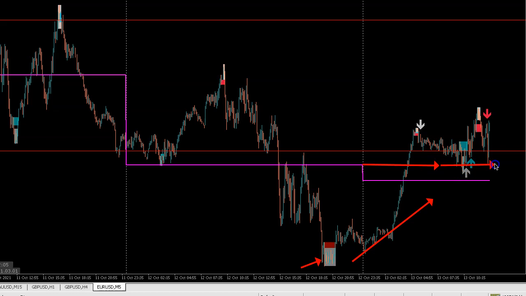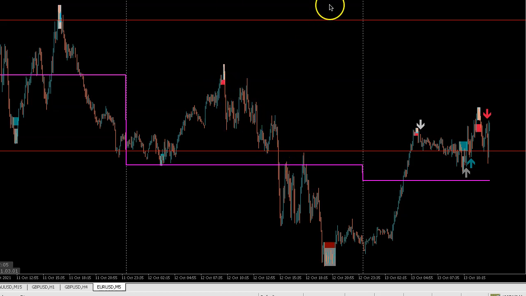We have a block that happened above this mid-level. Possibly it can go up and maybe reach this prior mid-level right over here, which it hit already once. Maybe it can hit it twice and then eventually go higher, but that's something that goes along the way. So we would get entries all in here.